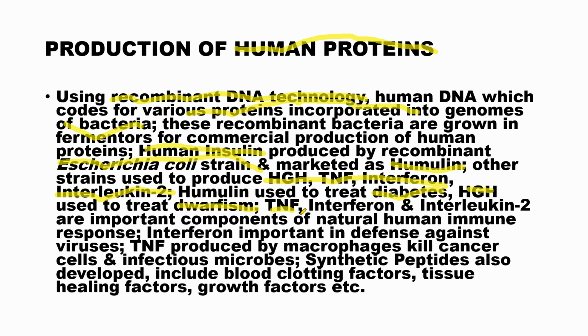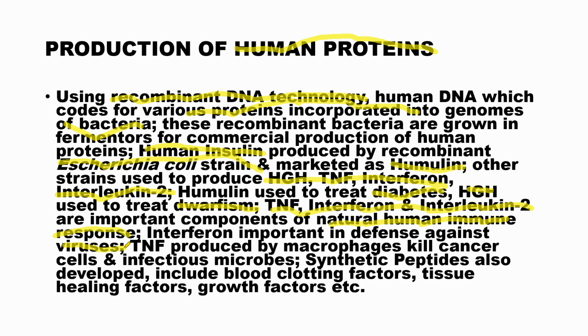Then TNF, interferon, and interleukin 2. They are components of the natural human immune response. So they are used for a proper immune response and to protect the human body from dreadful bacteria, viruses or diseases. Now, interferon is important in defense against viruses. It is an antiviral human protein.